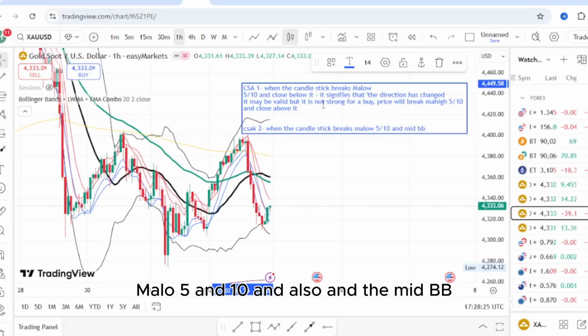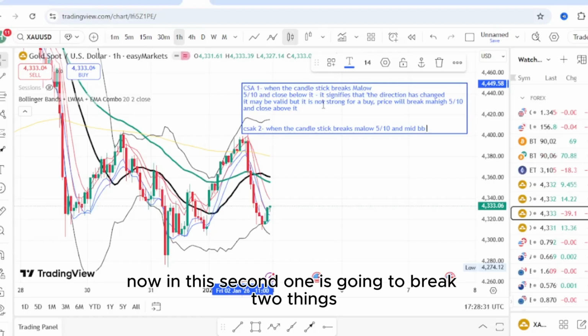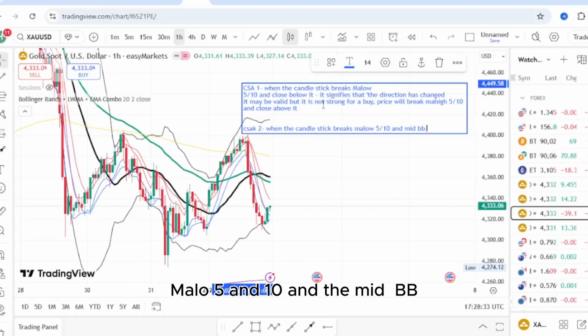In this second one, it's going to break two things: my low 5 and 10 and the mid BB. That is when we call it CSAK. This CSAK is a particular name. There's a name they call it in Malaysian. I don't know how to pronounce it, but in English you just call it candlestick direction.